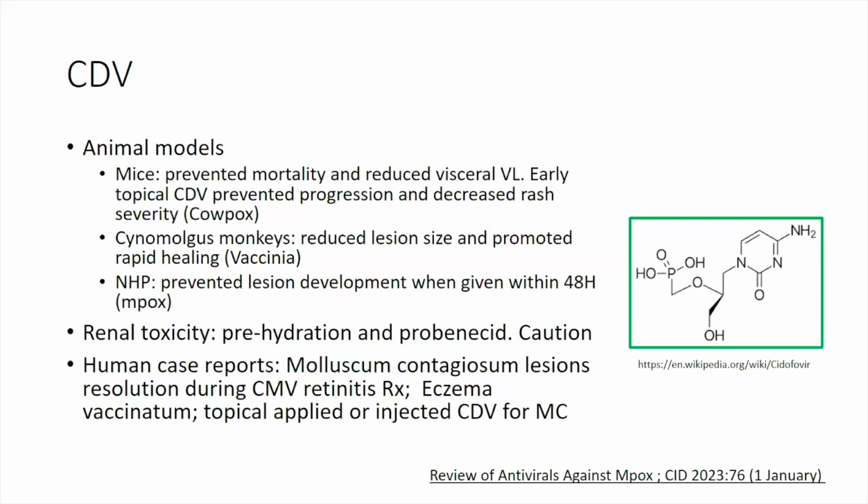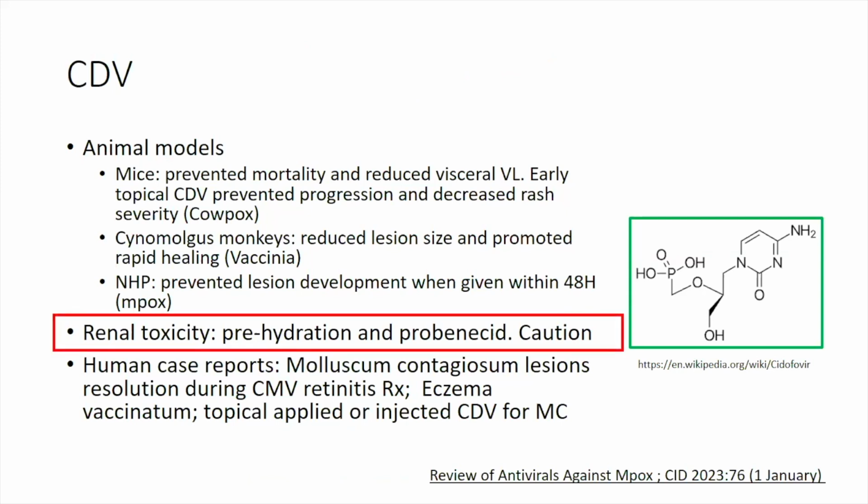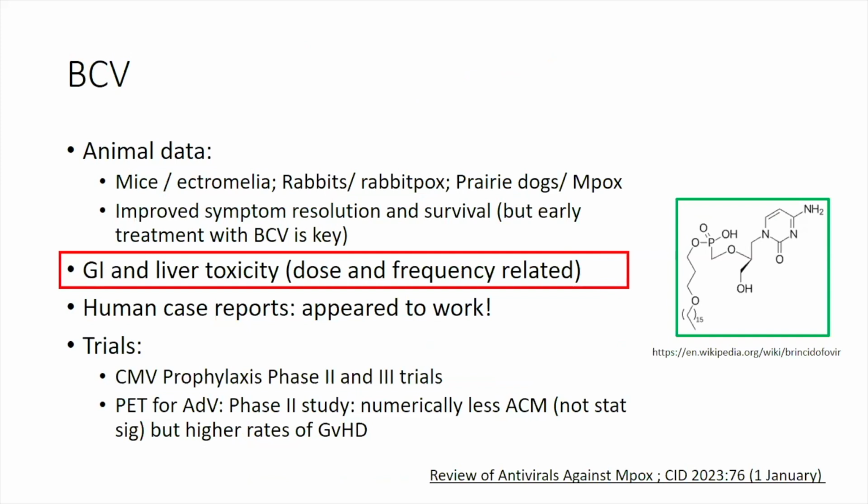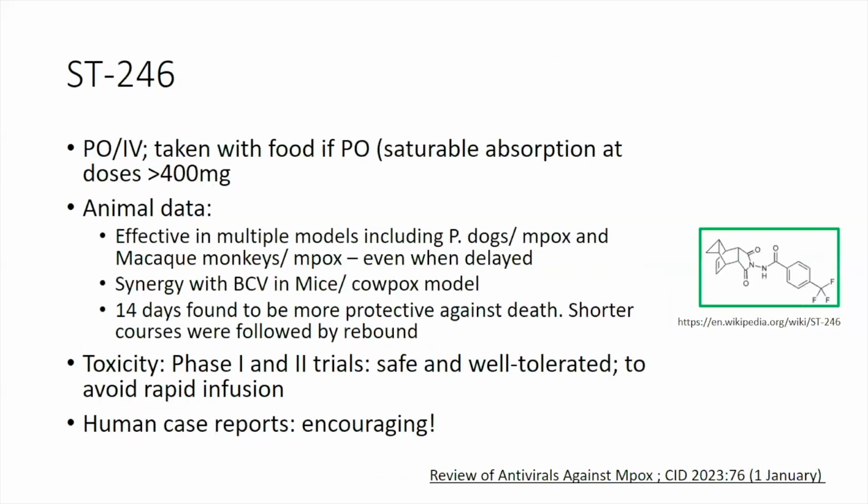And I'm not going to take you through the animal model data, but I just wanted to highlight the toxicities. The renal toxicity is very well known for cidofovir, quite prohibitive, although we can manage it with prehydration and probenecid. With brincidofovir, the main side effects are GI and liver toxicity, as I illustrated in the case I presented.